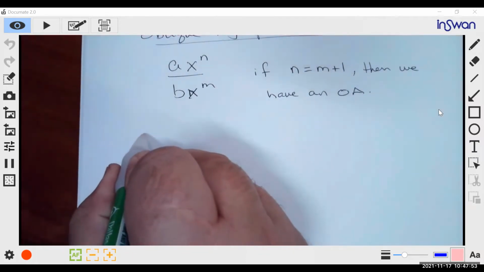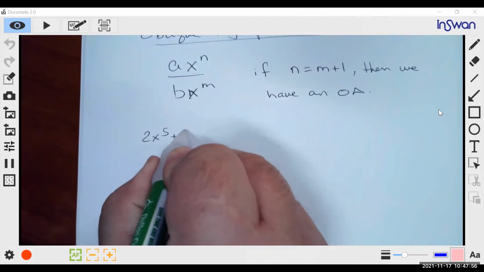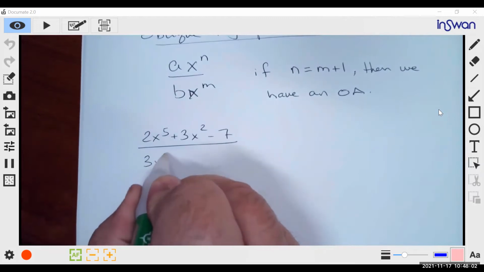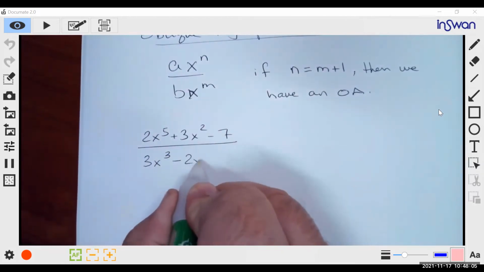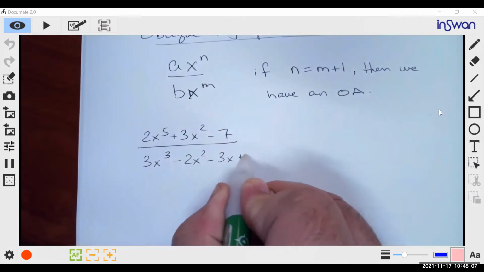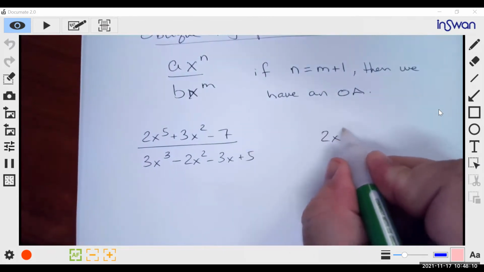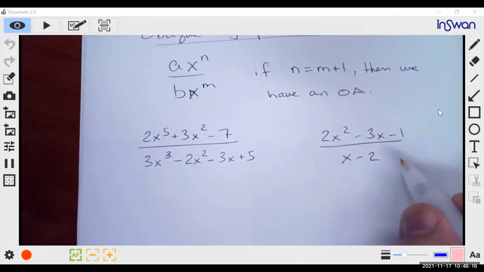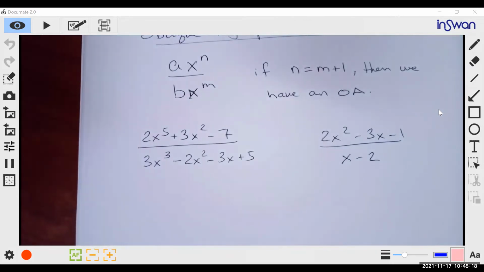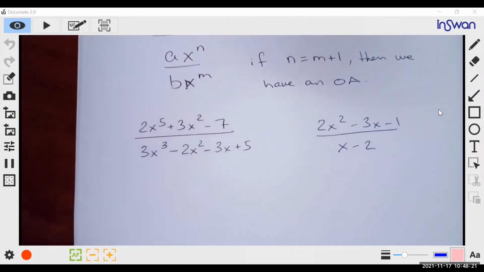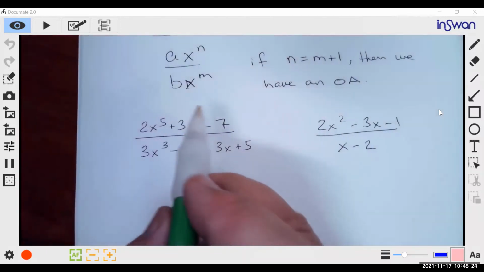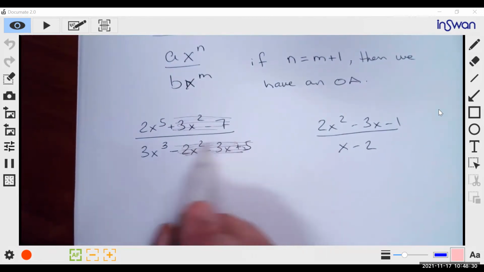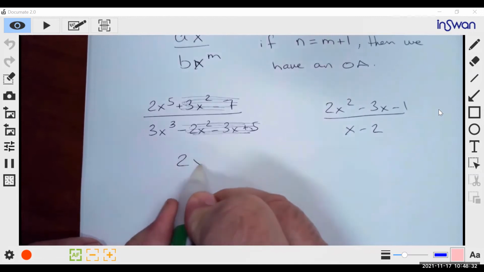So the last two examples we had, again, when we talk about horizontal asymptotes, I don't need the rest of this stuff. All I'm going to do is look at the leading terms.